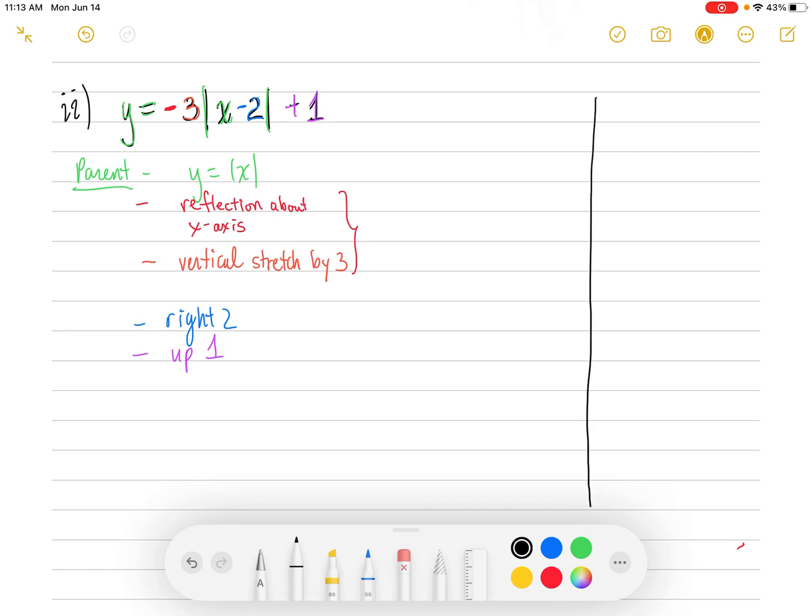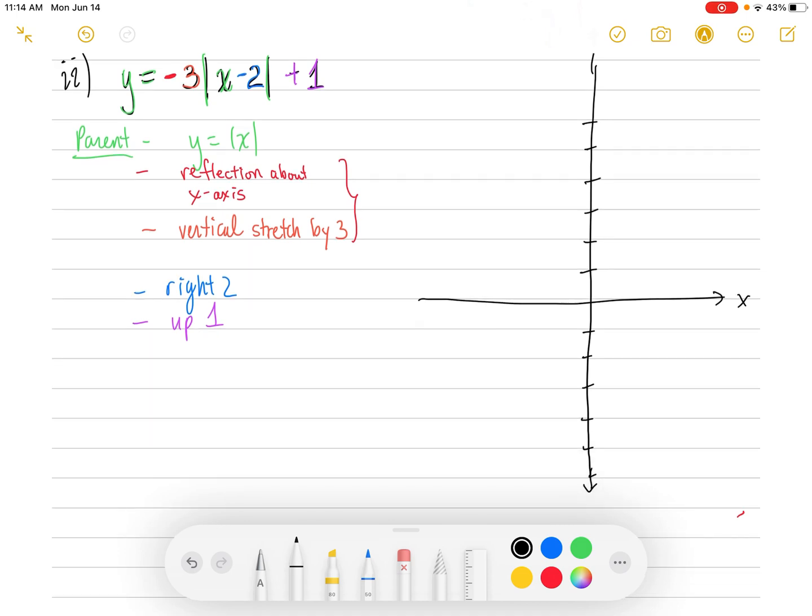So let's start off with our absolute value graph, if I can draw it.